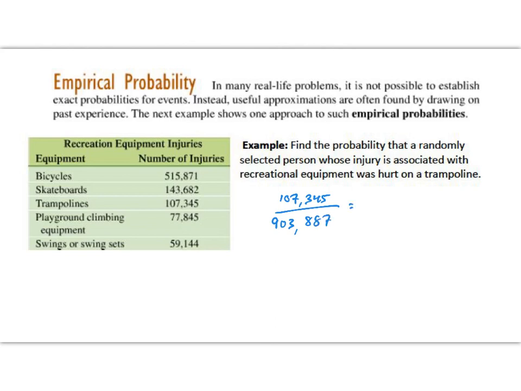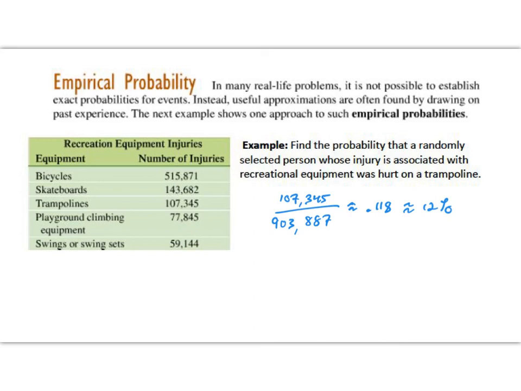And when I divide 107,345 into that number, I'm just going to do an approximation here, and it's going to be 0.118. So it's about a 12% chance that it was a trampoline that caused an injury.